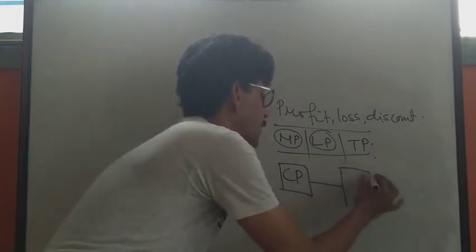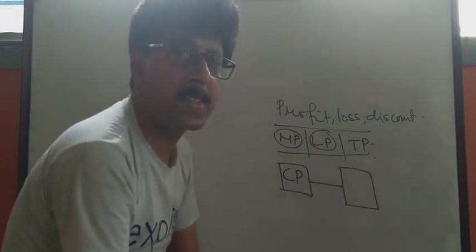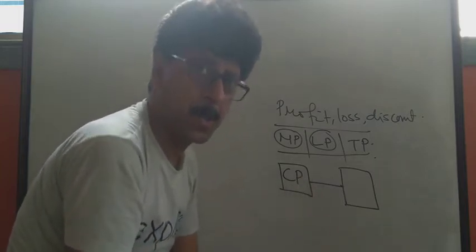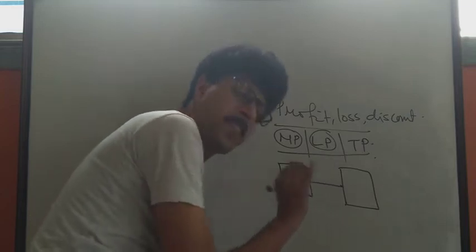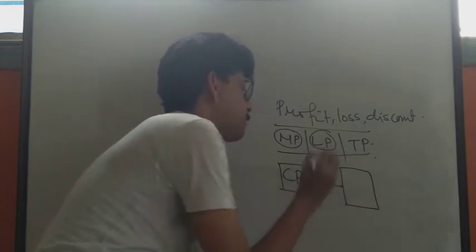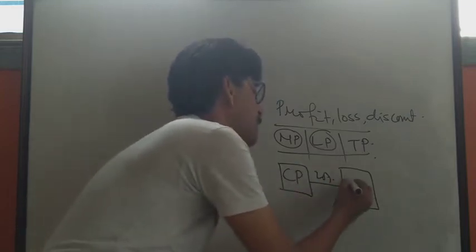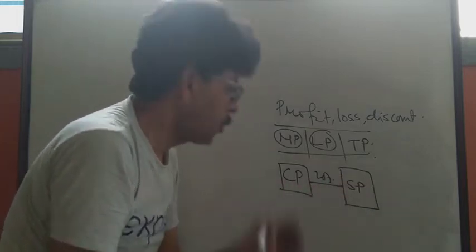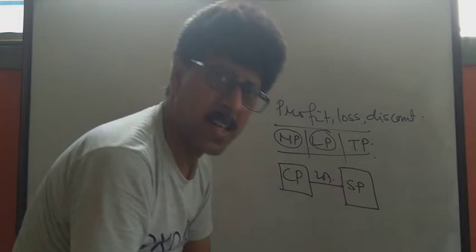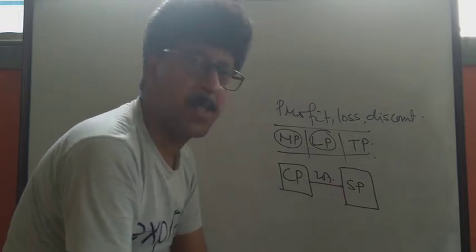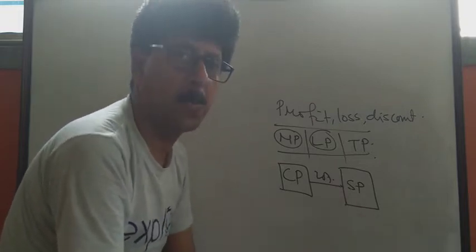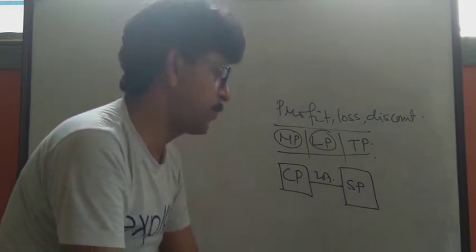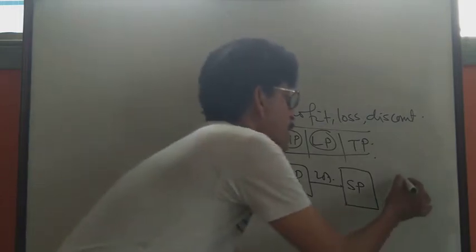On that, a decision, a strategy is taken, whether we want to earn profit. Obviously we want to earn profit, so that is already fixed, say 20%. Now that means your selling price has to be 20% more than that. Now to make the selling more attractive for the customers, there is a concept of discount. And the more discount you are going to give, the higher the tag price has to be.